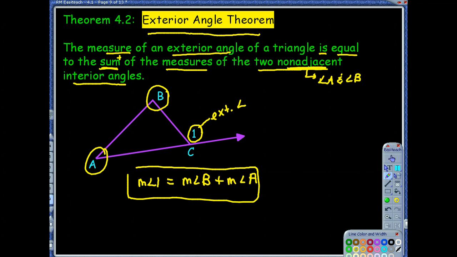Let's talk about why that is, because that's a good one to dive into. We know the triangle sum theorem: the measure of angle A plus the measure of angle B plus the measure of angle BCA should equal 180.